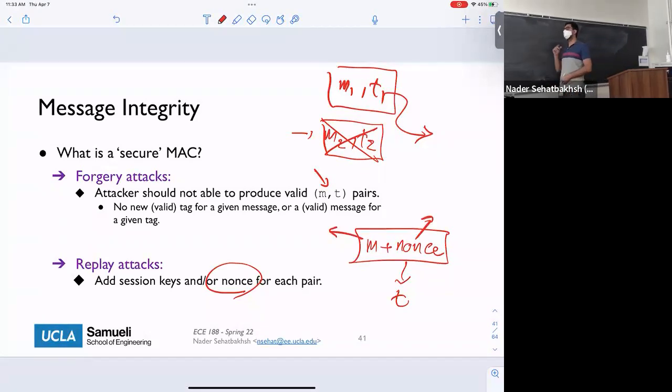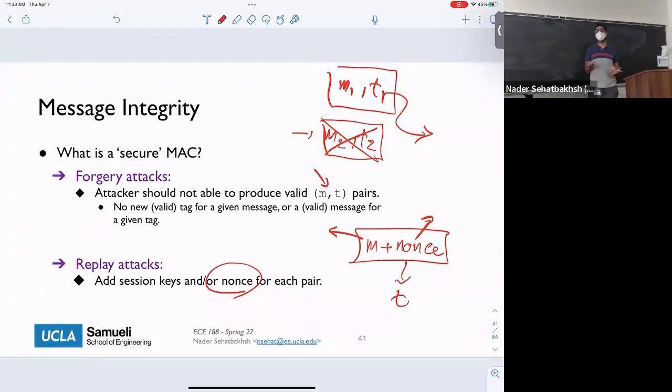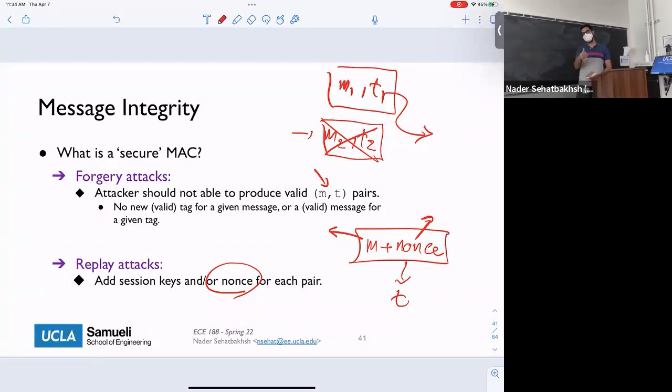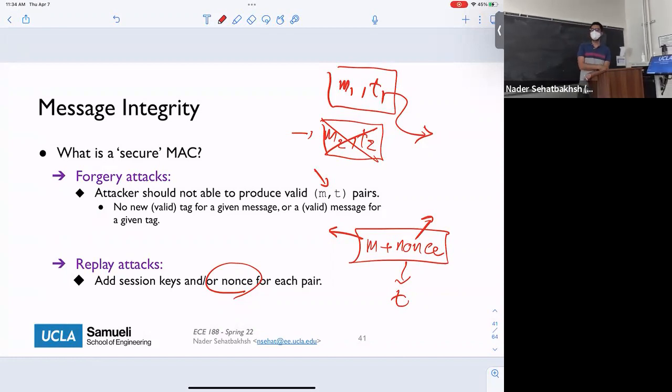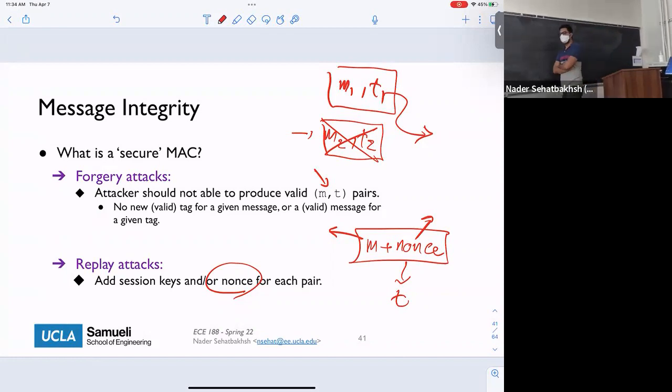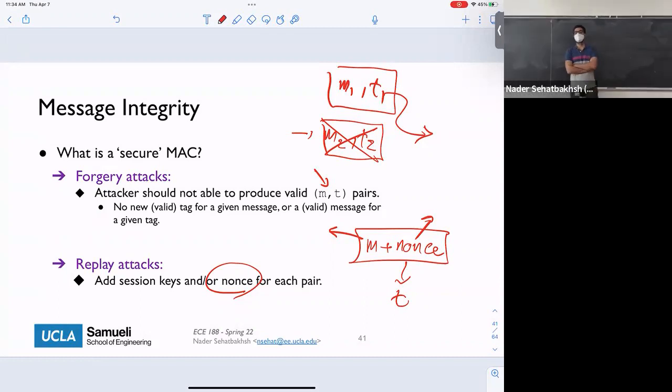In other words, I never use the same message tag ever again. I only send it once. The next time I want to send the exact same message, I'm using another nonce and basically another message in some sense, and I'm going to compute the tag over that. Does it make sense? Anybody has any questions? Cool.